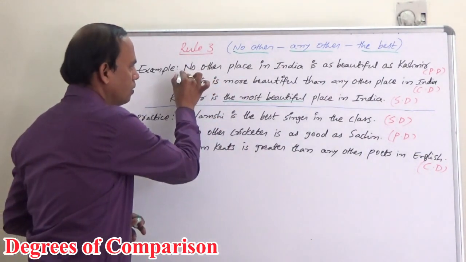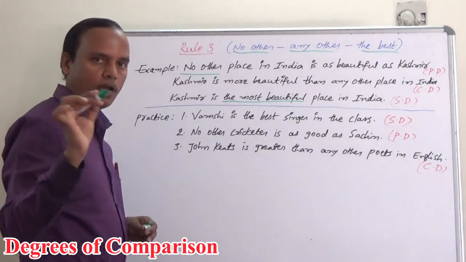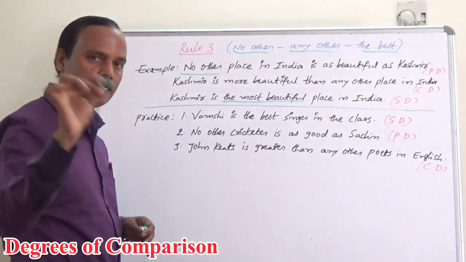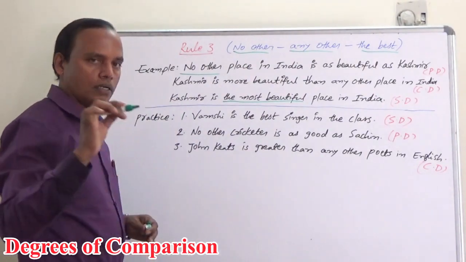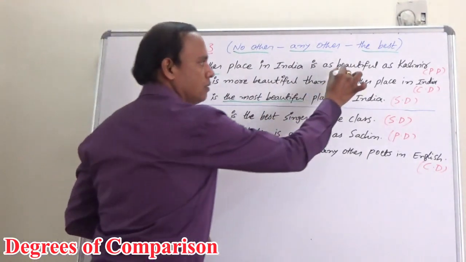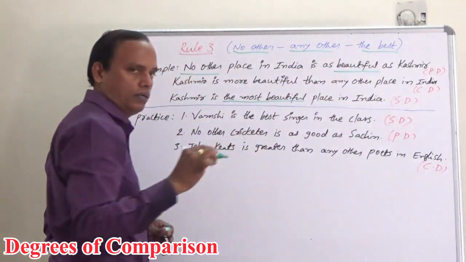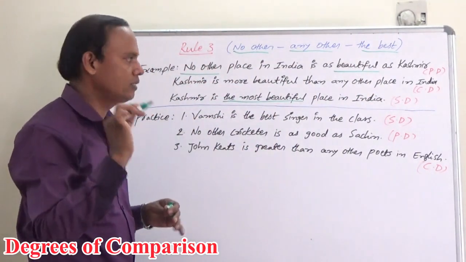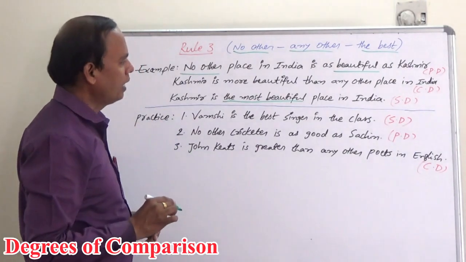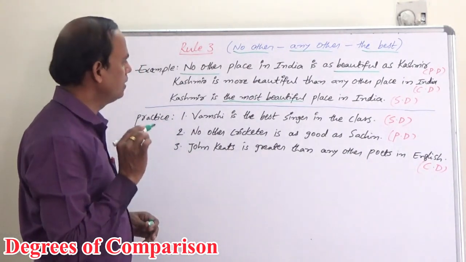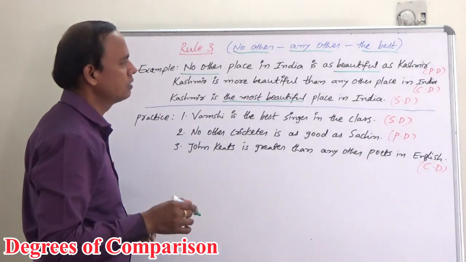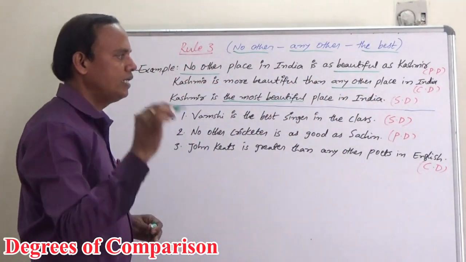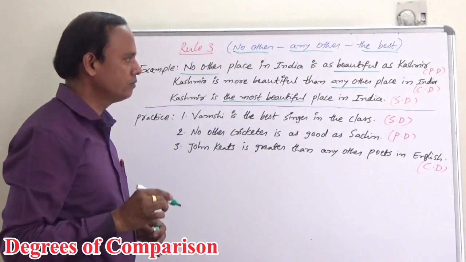If you see "no other", you can think it is in positive degree. Also you can identify "beautiful", so it is in positive degree. In the next sentence, you can see "any other", so it is in comparative degree.